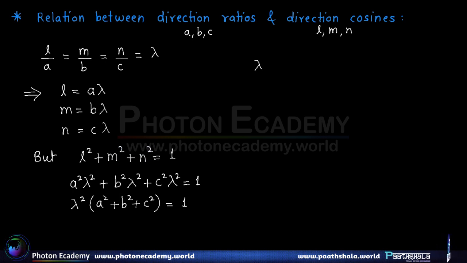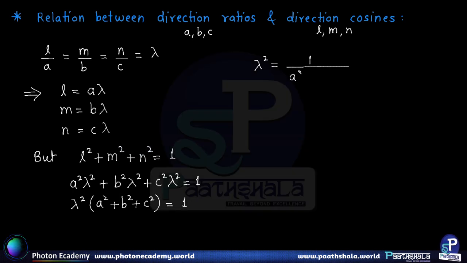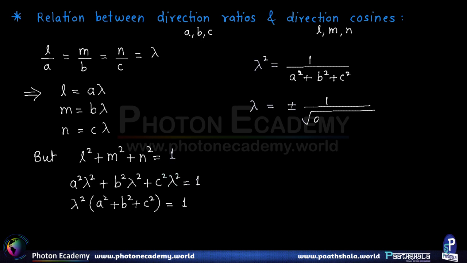So therefore lambda square is 1 upon A square plus B square plus C square, and hence lambda is equal to plus or minus 1 upon root of A square plus B square plus C square.